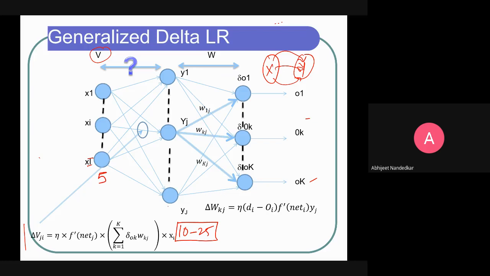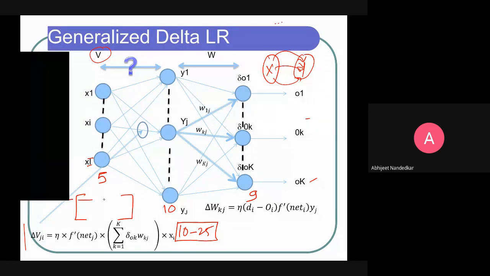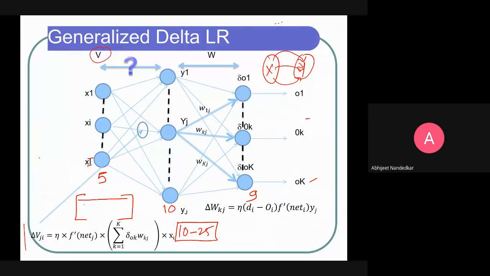Okay, say suppose I have 5 here and 10 nodes here, and I'm learning, let us take intentionally some other number, suppose 9 classes. So you have now 10 nodes here. 10 nodes means you will have one row for each neuron.